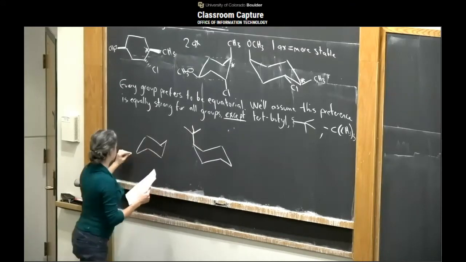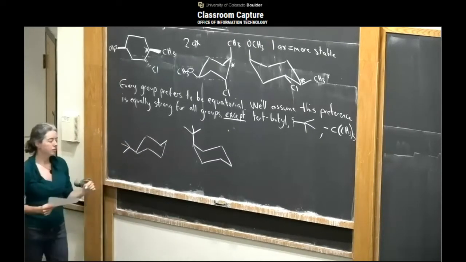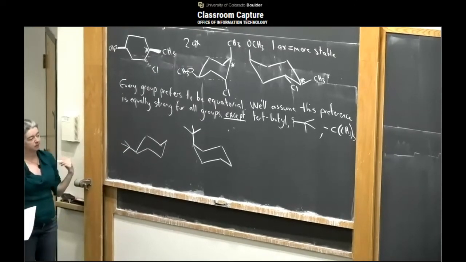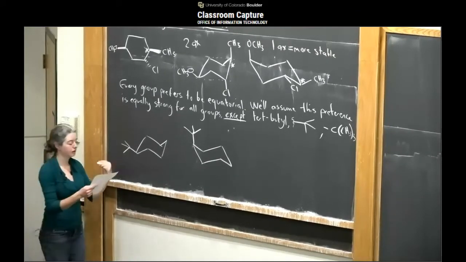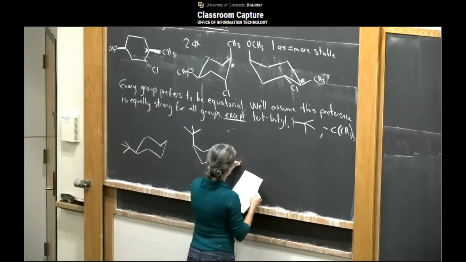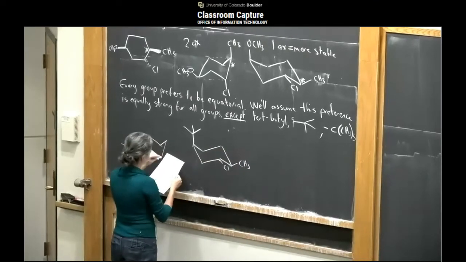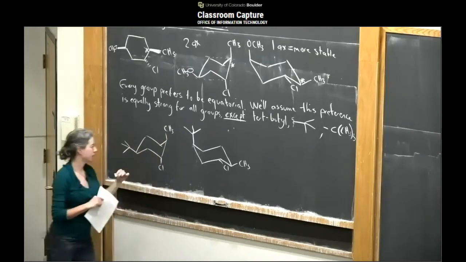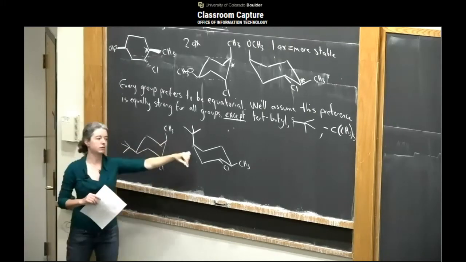So terbutyl axial versus terbutyl equatorial pretty much doesn't matter what the other groups are doing. Again, that's not 100% true. It might depend on exactly what numerical energy is associated with it, but for our purposes, we're just going to look at either terbutyl is axial and a couple of smaller groups are equatorial, or vice versa. Okay, so here we would expect 2 groups axial versus 1 group axial.